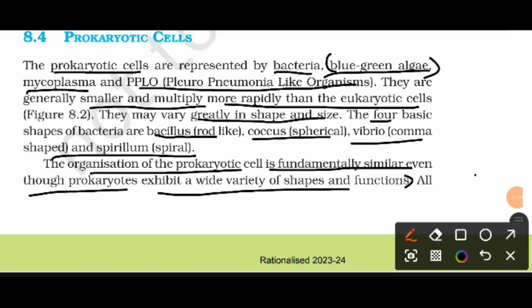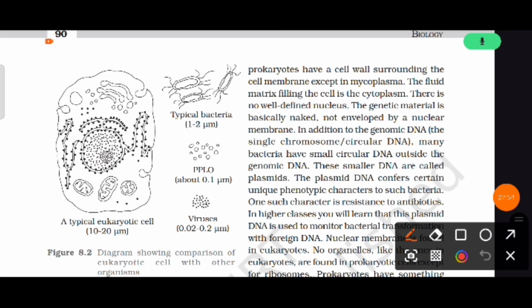All prokaryotes have a cell wall surrounding the cell membrane, except mycoplasma, which is an exception. Also, the fluid matrix filling the cell is cytoplasm. We already studied that the volume of the cell is occupied by cytoplasm, but the difference is that in eukaryotes it's a semi-fluid matrix, because compartmentalization is seen, that is, most of the space in the cytoplasm is occupied by cell organelles.